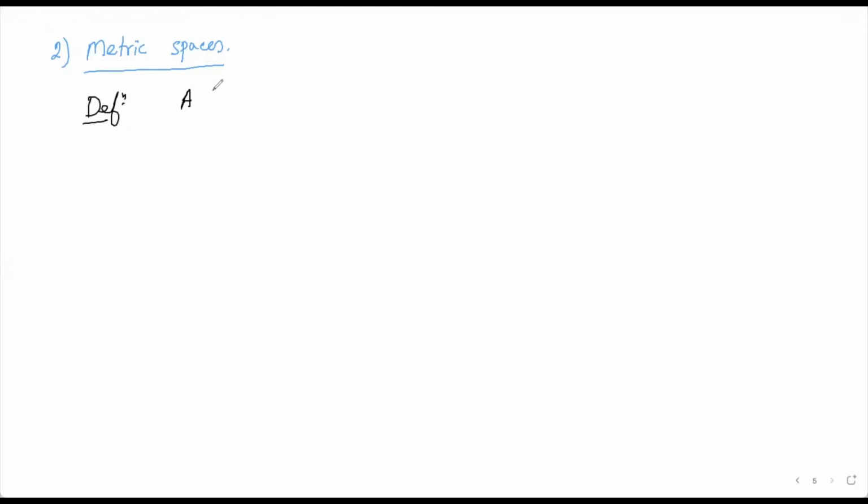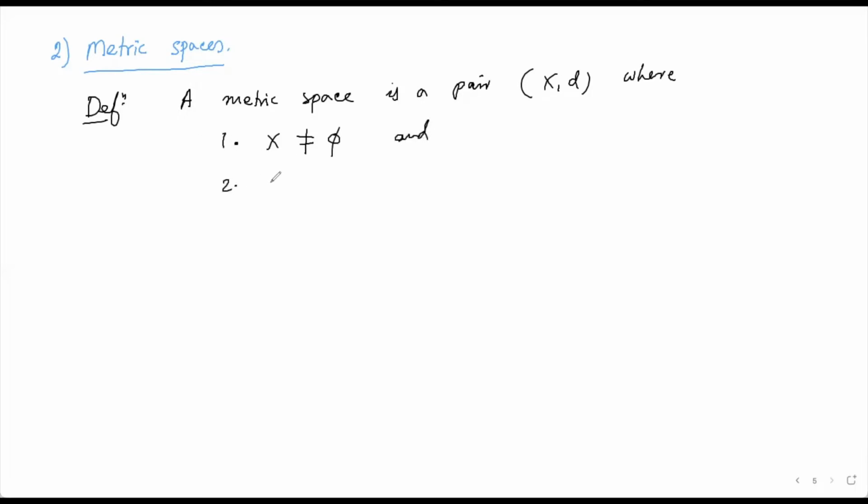A metric space is a pair (X, d) where X is a non-empty set, X is not equal to the empty set, and d is a distance function on X.